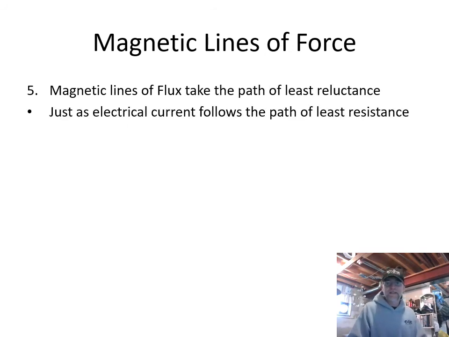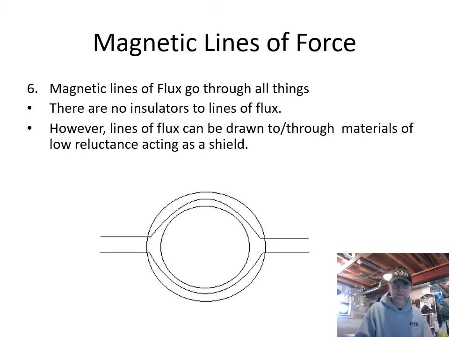Magnetic lines of flux take the path of least reluctance, just like electrical current follows the path of least resistance. So far we've looked at lines of flux that are nice and symmetrical, but that's certainly not necessarily the case. There could be all kinds of interferences, all kinds of reasons why those lines might not be symmetrical, and we will look at a couple of examples of that.